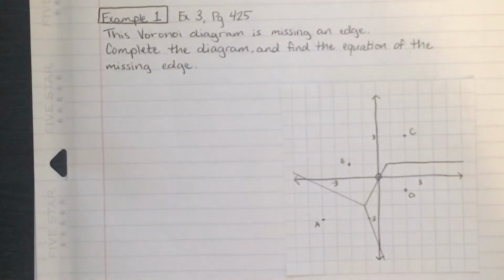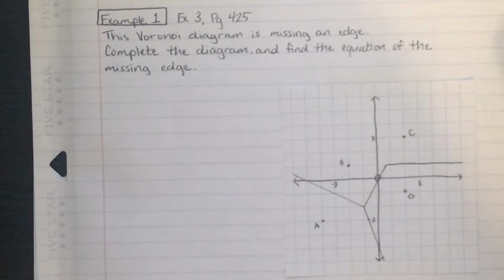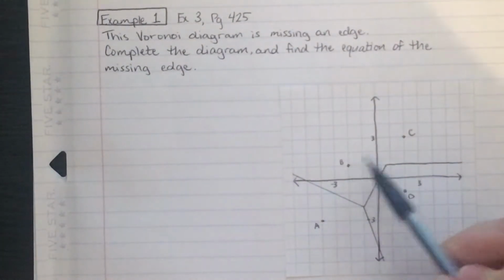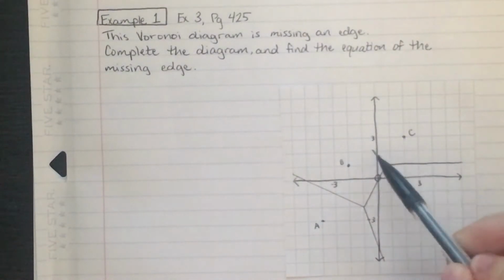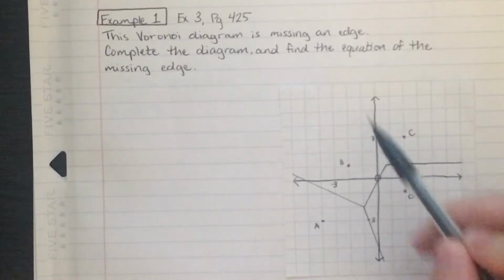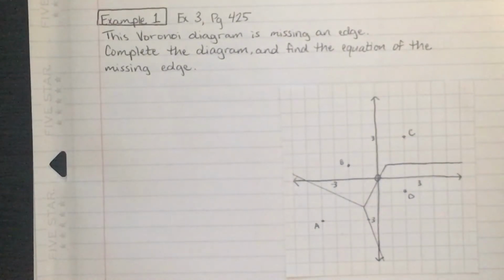Look at that real quick and ask where am I missing my edge from? You can pause it if you want to think to yourself. We're missing a perpendicular bisector between B and C. So we're going to have to put some kind of edge, some kind of perpendicular bisector, in between them.